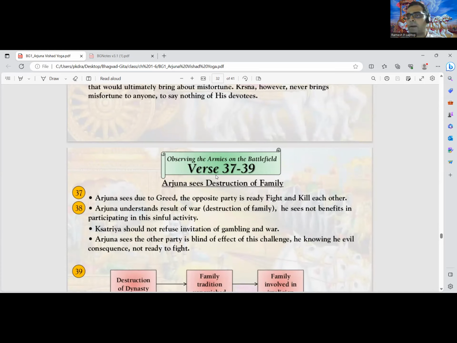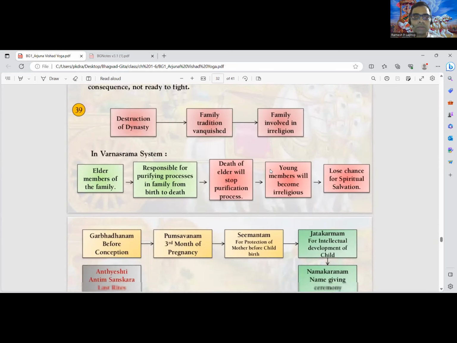In the past, there were people who used to guide the young generation. So he was saying that when the old generation is not there, how will the young generation be guided and take the rightful path? He says the war will lead to destruction of the family, and he doesn't see any benefit. So that's one thing being discussed here.